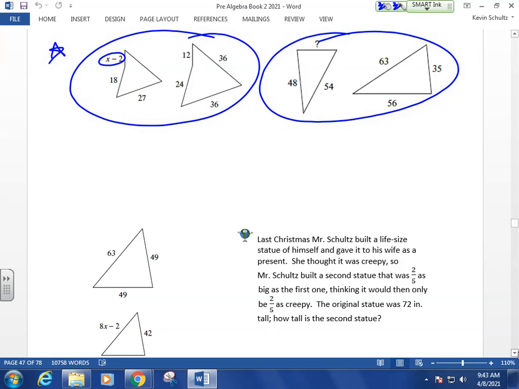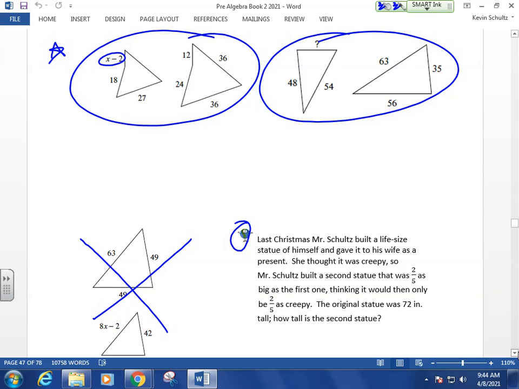You might want to go back to CO42 to remind yourself how to solve using cross products when you've got extra stuff with that variable there. There's an extra step that we needed to do. But both of these contain more information than you need, right? So you've got to pick and choose, decide what you want to use to answer the question. Skip this one down here, but I would like you to do this one.